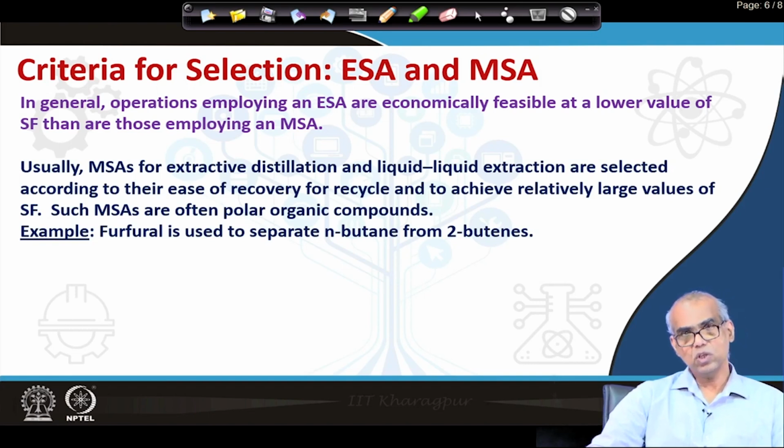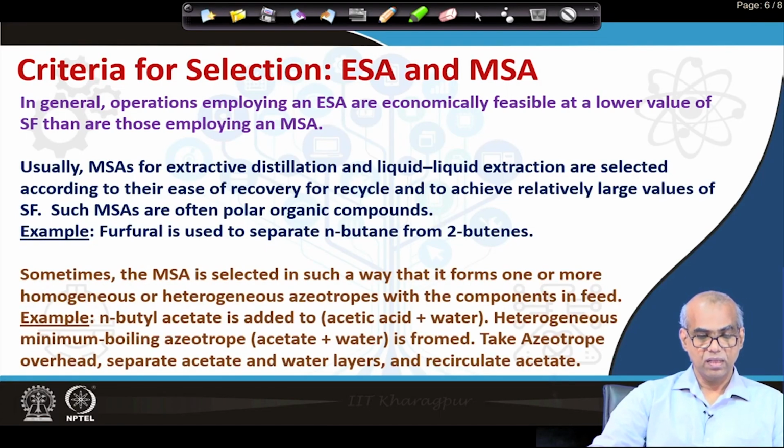One is ease of recovery, second is enhancement of the separation factor. Such mass separating agents are often polar organic compounds. For example, furfural is used for separation of n-butane from 2-butenes. This is what we have seen in the multi-component separation we discussed in our previous lecture.